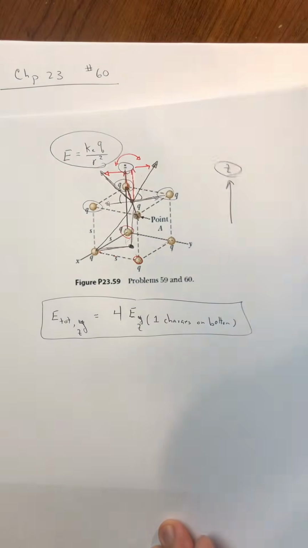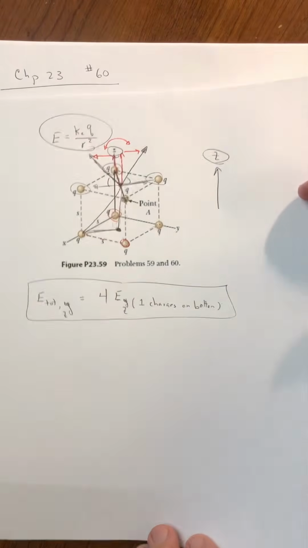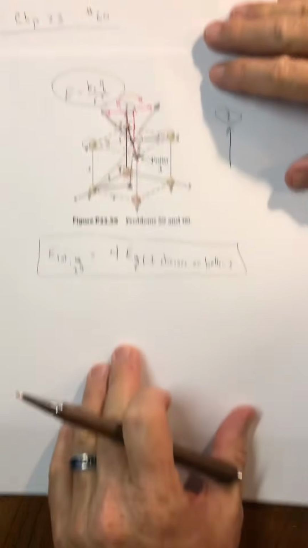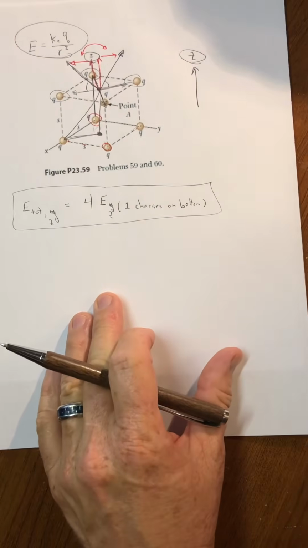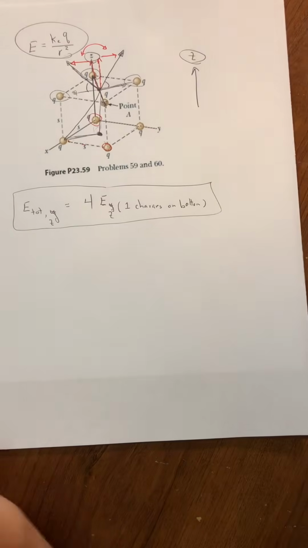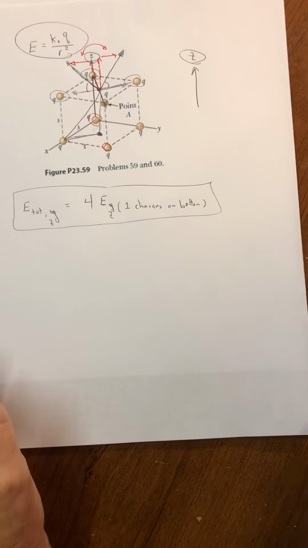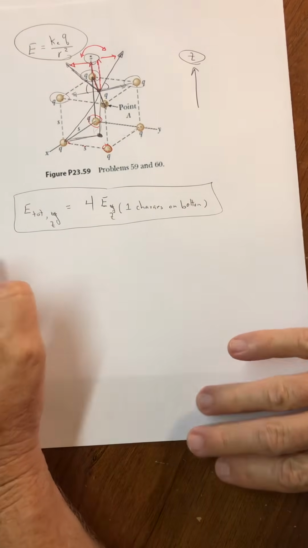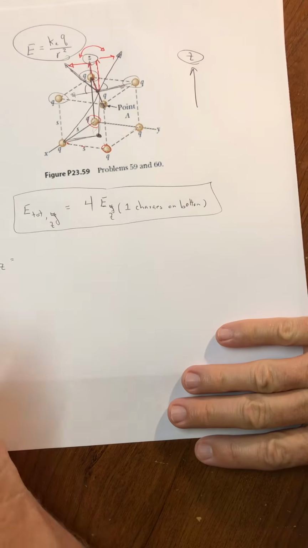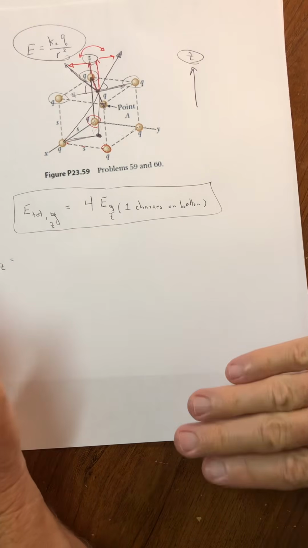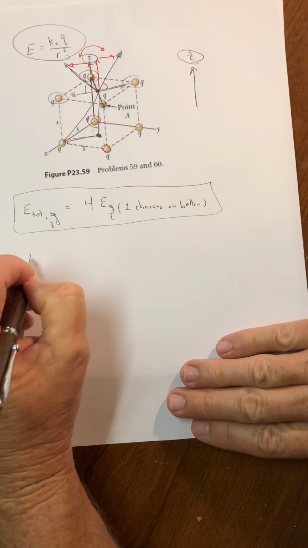So with that in mind here, actually maybe I'll just keep working on this page now that I've drawn on it. But I can't emphasize enough that I've made what looked like it was going to be a hard one into an easy one. Although there's still something hard about it. So let's see if we can find the z component. Now, the z component would be the magnitude of it.